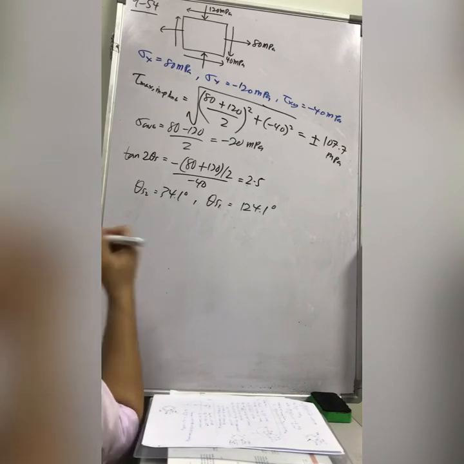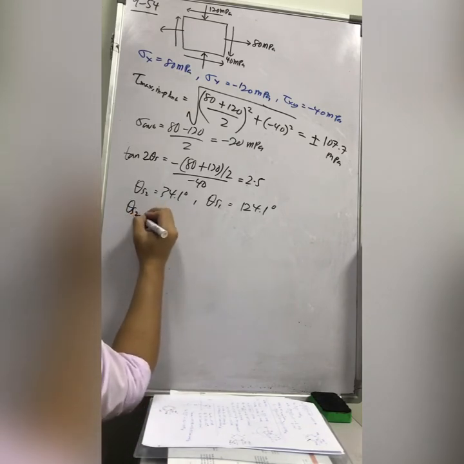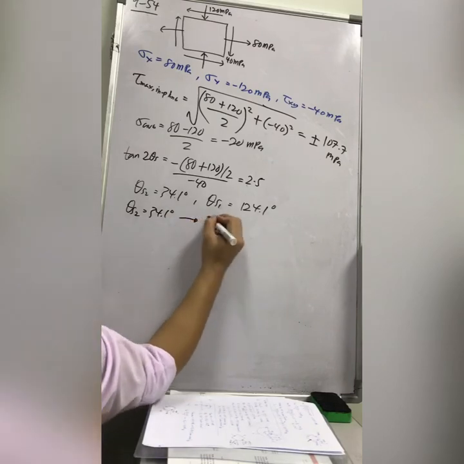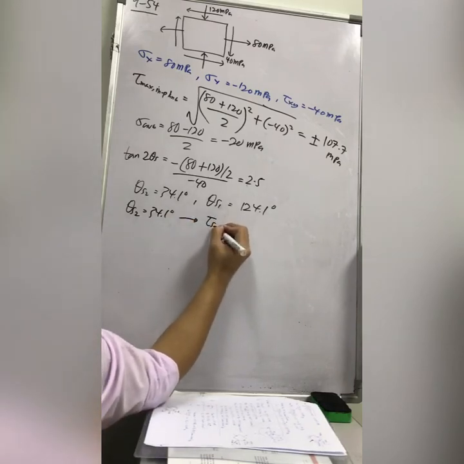So of course, if you put theta S2, which is 34.1 degree, into the equation, you will end up with your tau S2 or tau max.